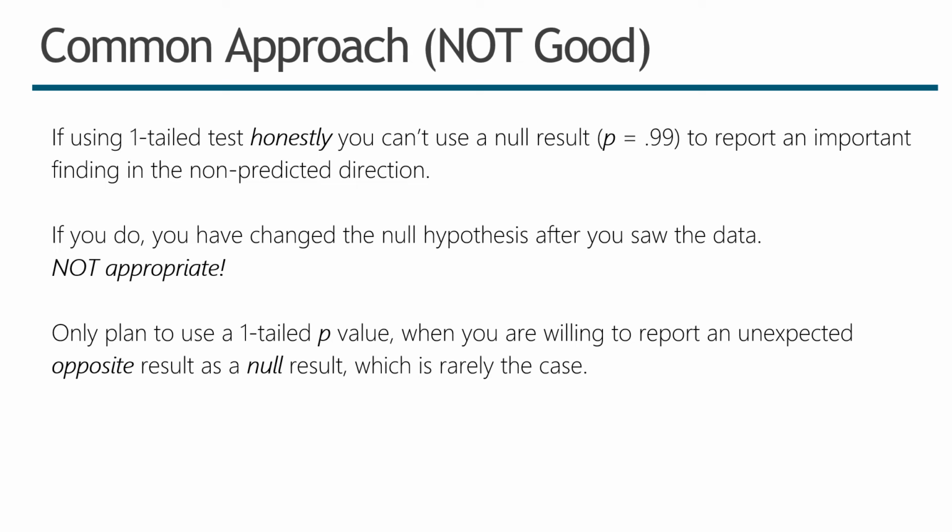If you're going to use a one-tailed test honestly, you can't use a null result, like a p equals 0.99, to report an important finding in the non-predicted direction. If you do, you changed your null hypothesis after you saw the data, and that's not appropriate. You should only plan to use a one-tailed p-value when you're willing to report an unexpected opposite result as a null result. And I'll argue in the rest of this video that that is rarely the case.